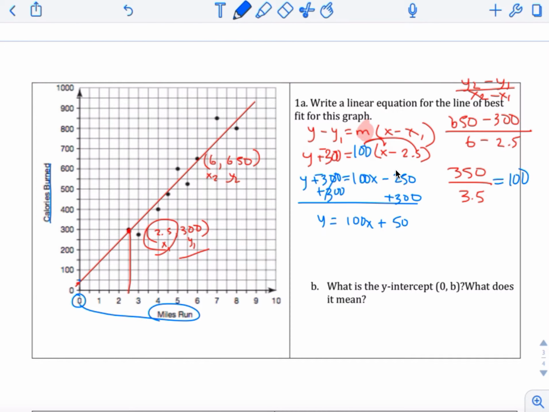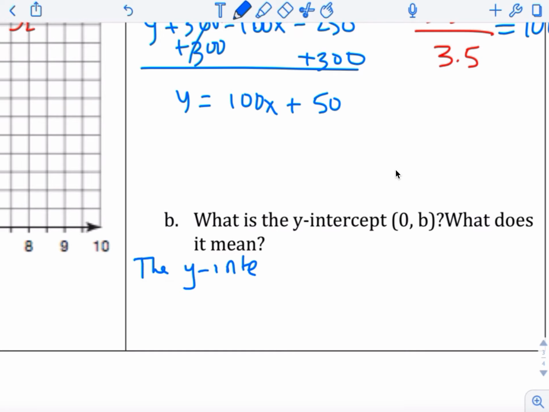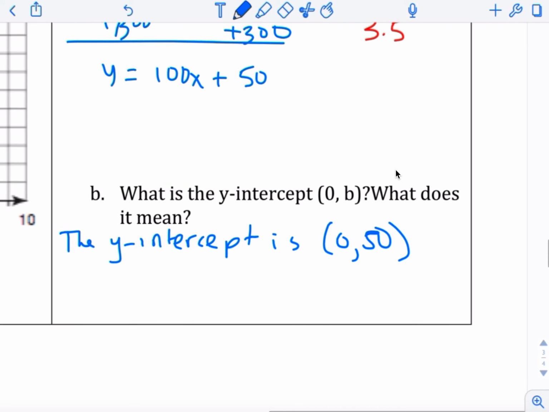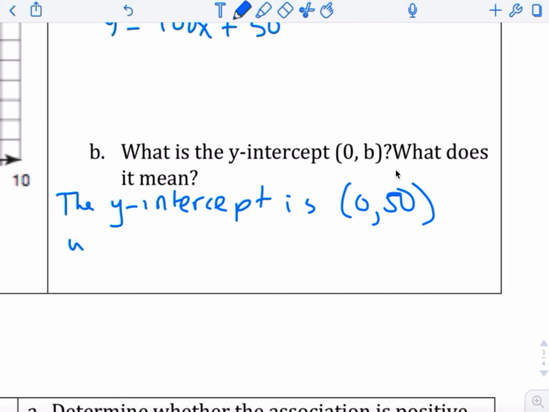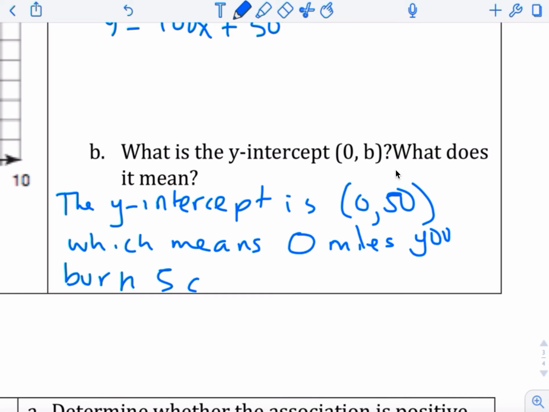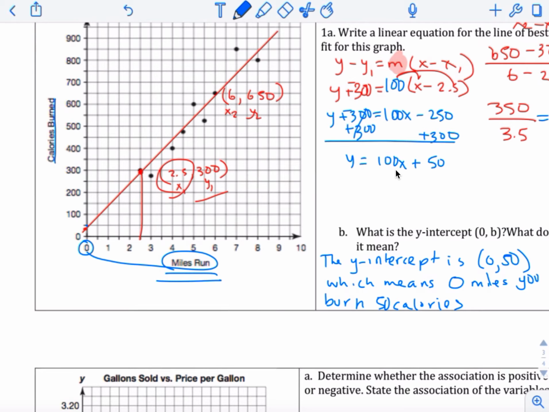The y-intercept is 50 calories if you never ran any miles, which means at 0 miles you burn 50 calories. Calories burned: 50. Okay?